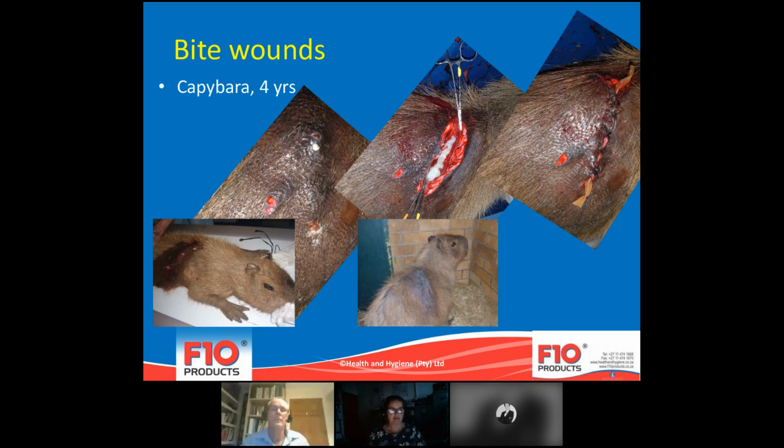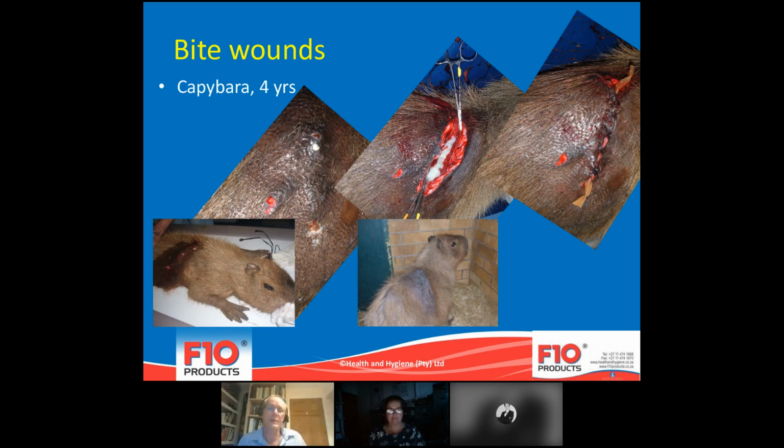Then we were quite lucky in that this was a capybara that was quite amenable to hands-on treatment. So once the drain was removed, we were able to flush the pocket with diluted F10. Sure. And this worked really well. We did this for about 3 weeks, and it healed really well.